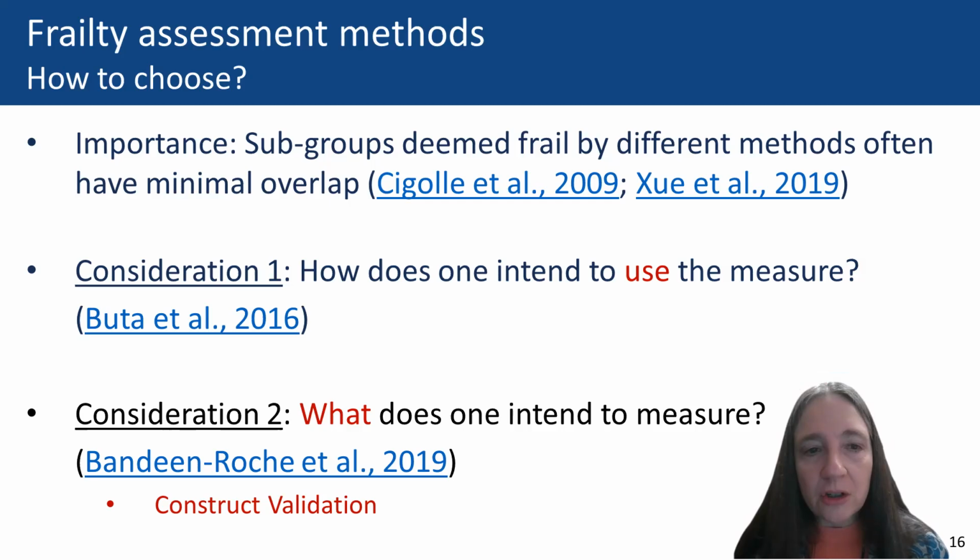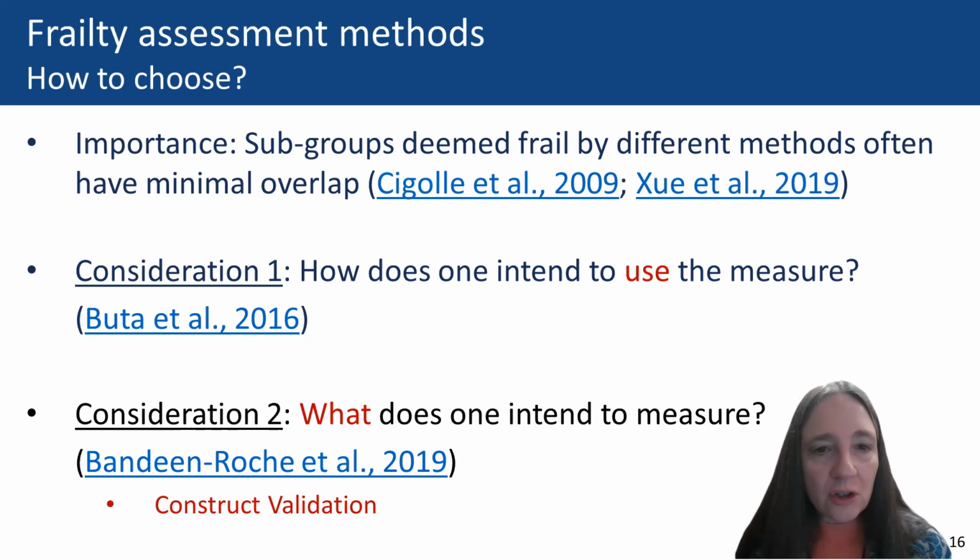2 considerations. First, how does one intend to use the measure? Do you intend to roughly screen a clinical population? Do you intend to use it as an outcome in a research study? And so on. One important consideration that at least was foreseen and discussed to some extent in the Buda et al. 2016 paper. Second consideration is exactly what does one intend to measure?